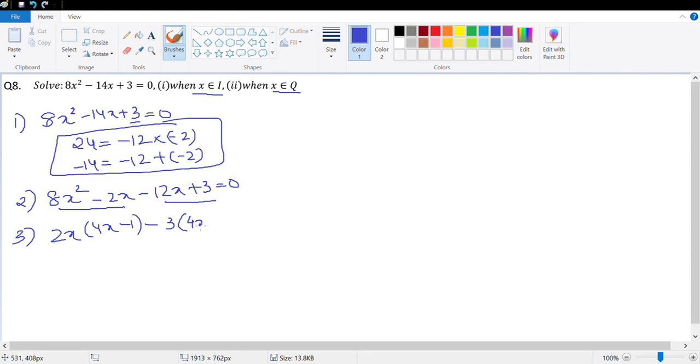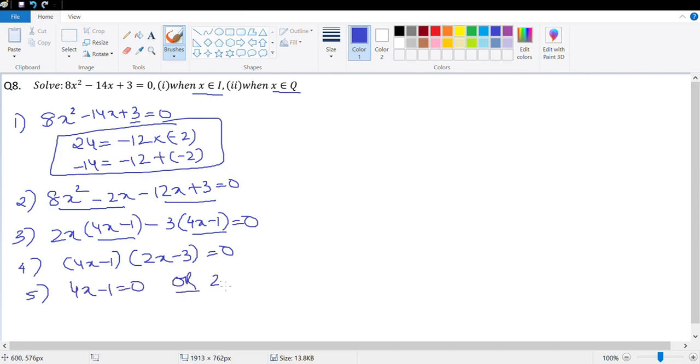So this is negative 3 times (4x minus 1) is equal to 0. 4x minus 1 is common. So we have (4x minus 1) multiplied with (2x minus 3) is equal to 0. This gives us 4x minus 1 is equal to 0, or 2x minus 3 is equal to 0. This gives us x is equal to 1 by 4, or x is equal to 3 by 2.